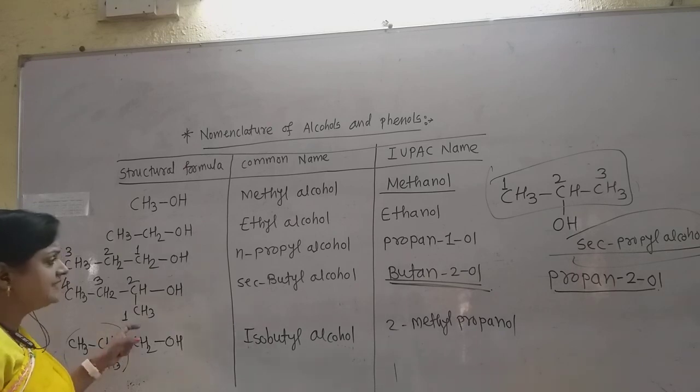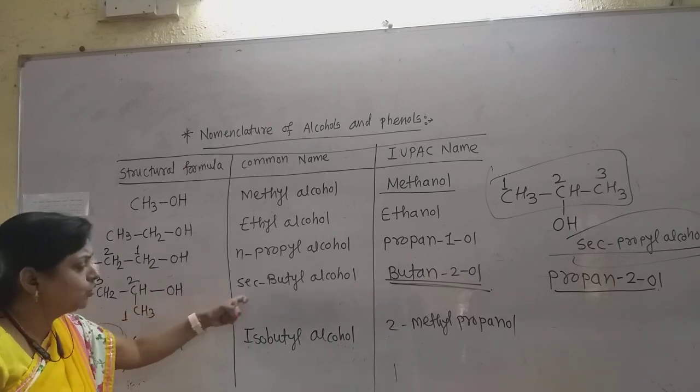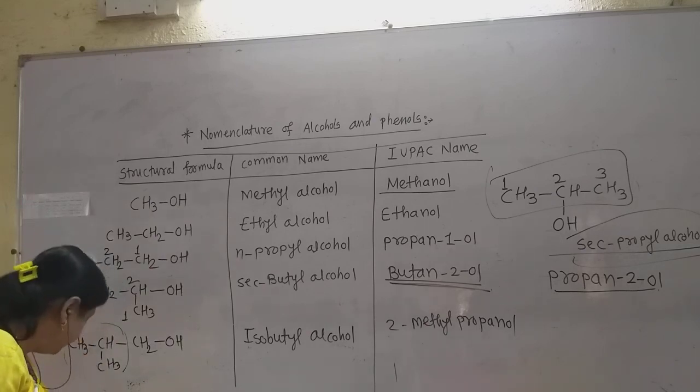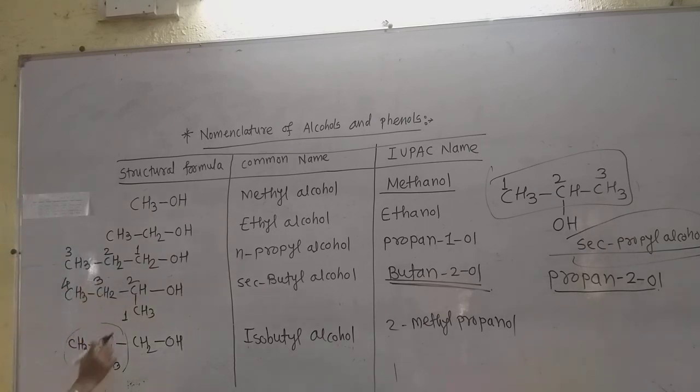Now see, this is the secondary butyl alcohol and this is the isobutyl alcohol. What is the difference between them? In secondary butyl alcohol, the OH group is directly attached to the carbon containing one hydrogen. But in isobutyl alcohol, the OH group is attached to another carbon, not directly attached to the carbon having the one hydrogen atom.